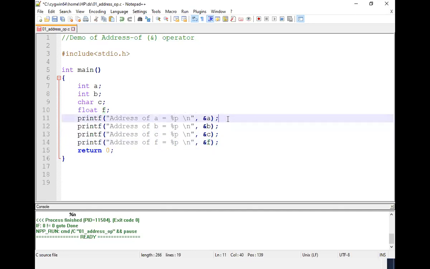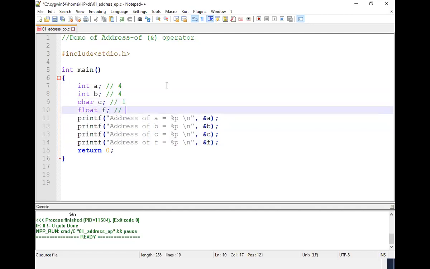Now tell me, how much memory is required to store A? I'm not asking the theoretical, but the practical: on my particular system, how many bytes are required for A? 4 bytes. What about B? 4 bytes. What about C? 1 byte.